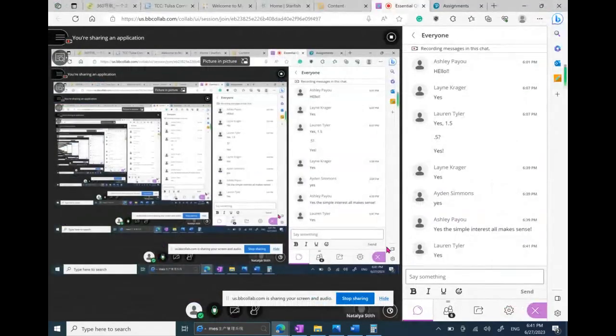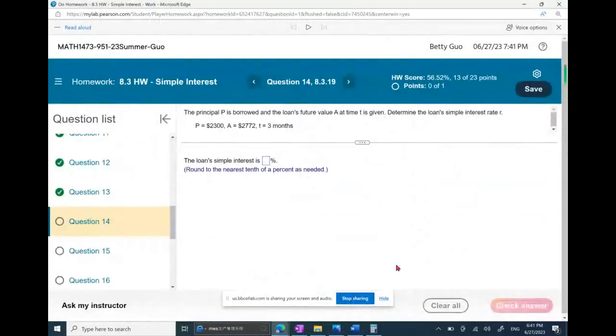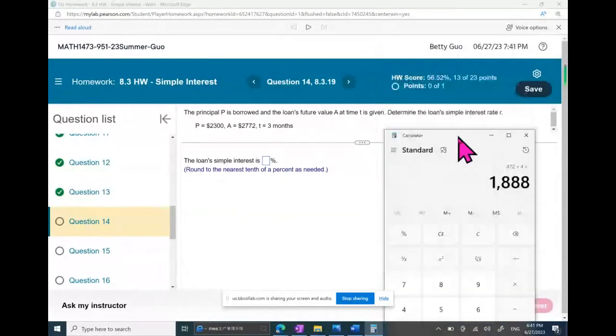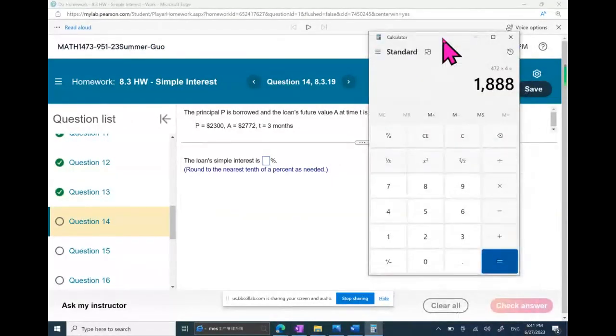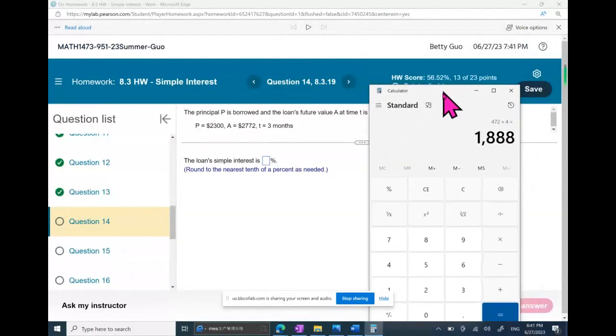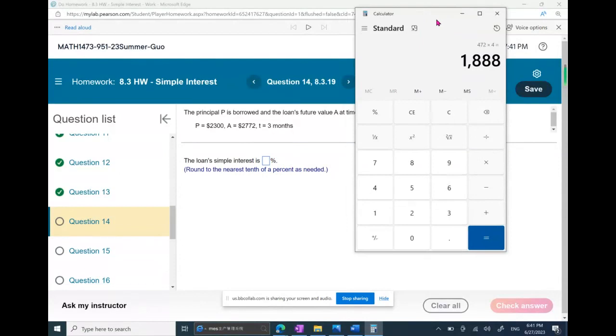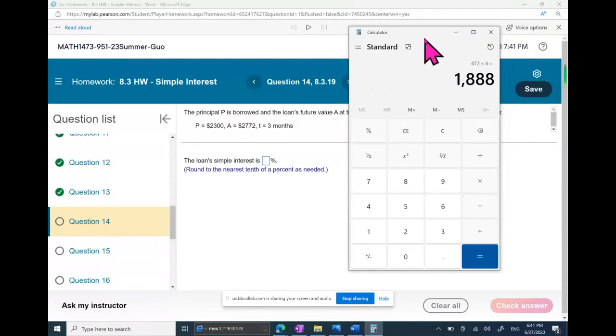Yeah, thank you, Lauren. We're going to have the interest for the whole year. And then we're going to use that interest amount and divide it by the principal, 2,300, to get the loan's simple interest rate. Once you see the percent sign, it's an interest rate.